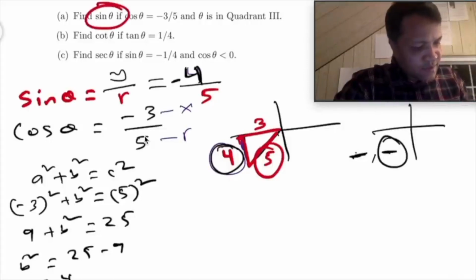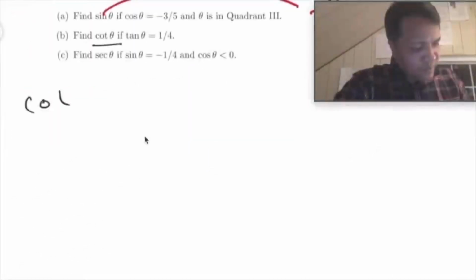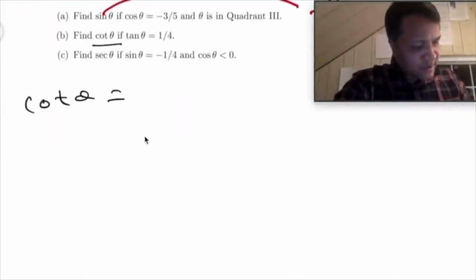Find sine theta. In the third quadrant, when cosine theta is negative 3 over 5, sine theta is negative 4 over 5. Cotangent theta is what, if tangent theta is 1 over 4?